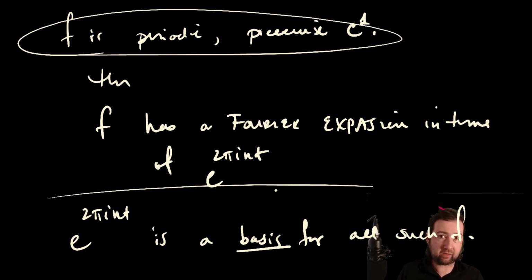So every f that is periodic and piecewise C1 has a unique expansion in terms of these complex exponentials. And since we have an inner product, not only is that a vector space, it's an inner product space. So there's an easier way to remember the expansion formula.